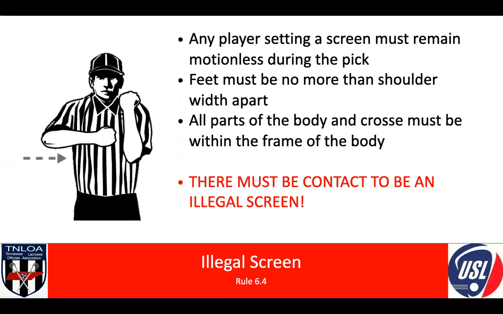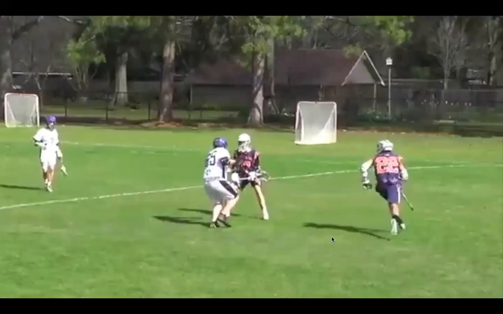A player who swerves around a player, by the way, this is a question on the rules examination dealing with this. If a person sets a pick and the defensive player runs around him, like disadvantages the player and runs around him, that's not an illegal screen. He set a legal screen and forced the player to go around him. He must be moving to be an illegal screen, and he must remain motionless.